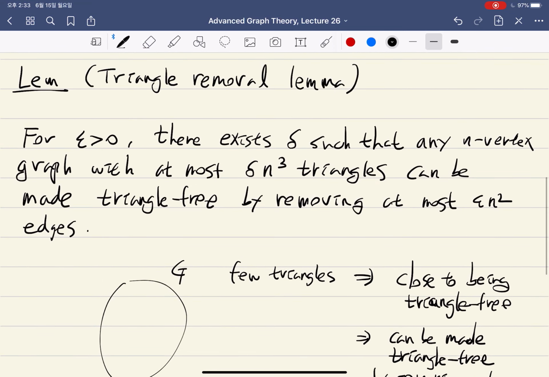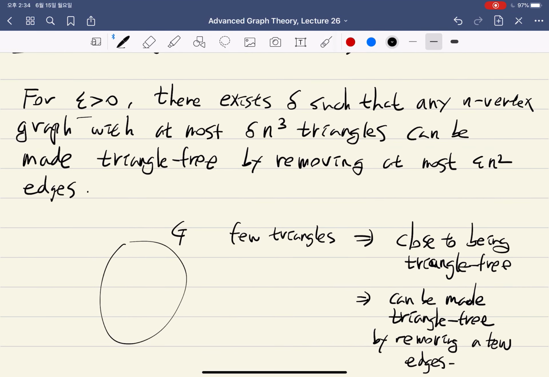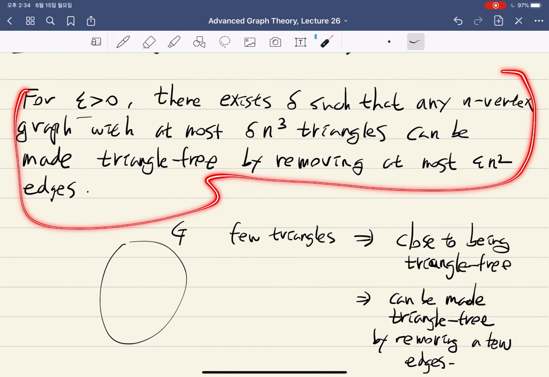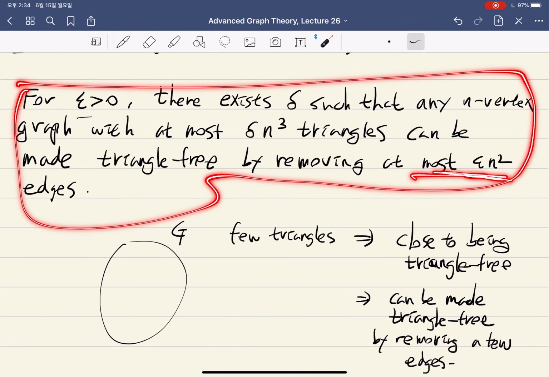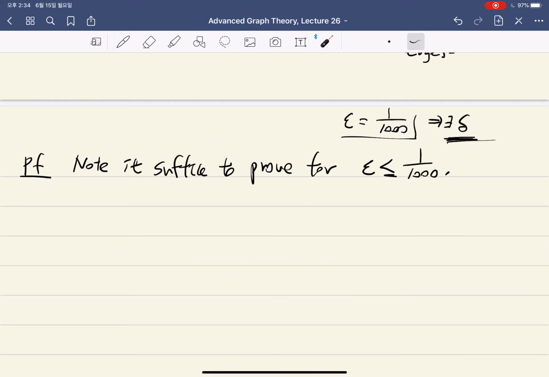For any epsilon bigger than 1 over 1,000, you just use the same delta here. Then this is true anyway, since you have to remove at most 1 over 1,000 n squared edges. So we might as well just assume that epsilon is not too big.